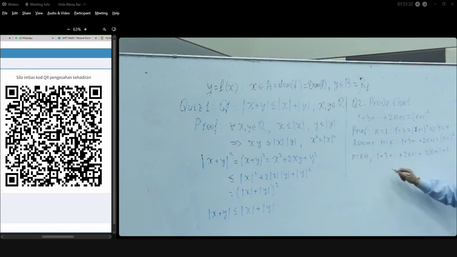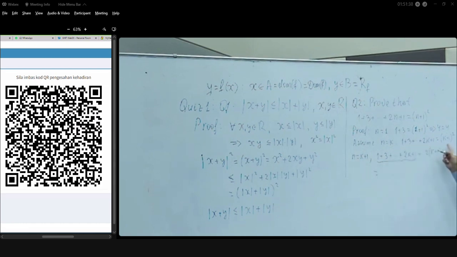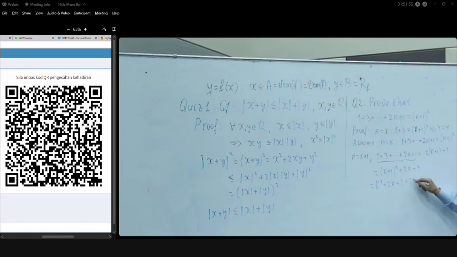Take the left side equal to this side. I will put this equality: (k plus 1) square plus 2k plus 3. So if I open up, k square plus 2k plus 1 plus 2k plus 3, which equals k square plus 4k plus 4, which is (k plus 2) square.